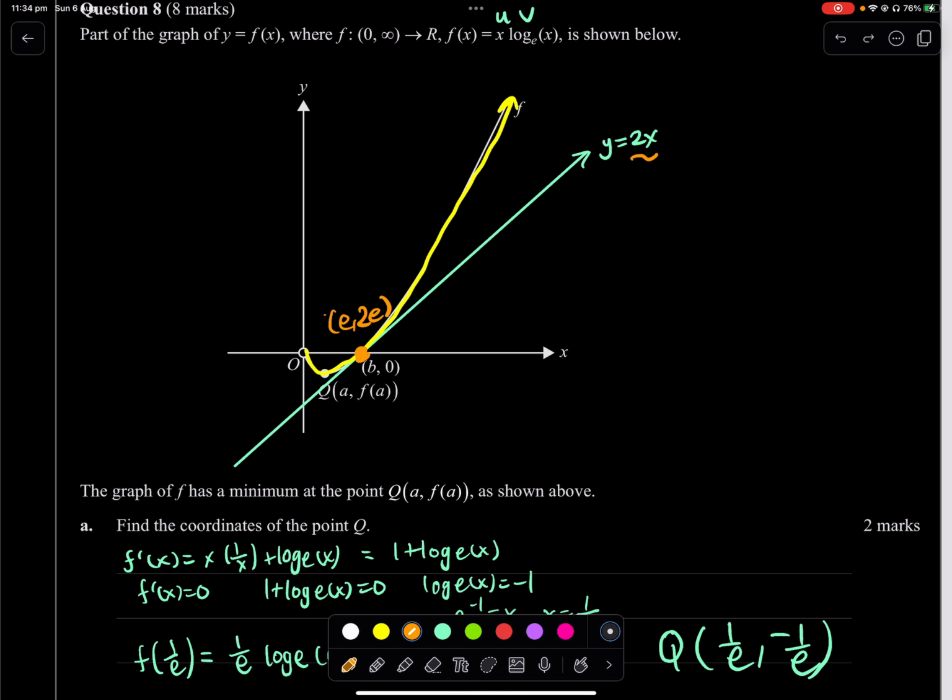If I know that point of intersection is e, okay, let's put that e into the function, e log e. It still becomes 0. So e on 0. Wait, e on 0. That's your actual. So what did I do wrong?